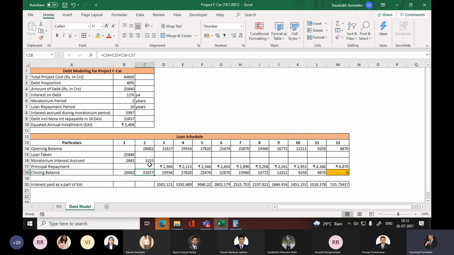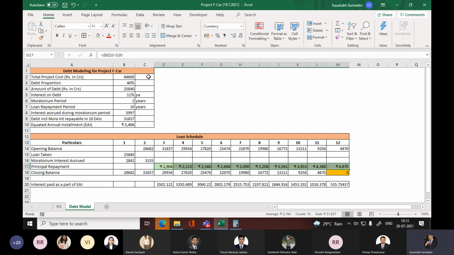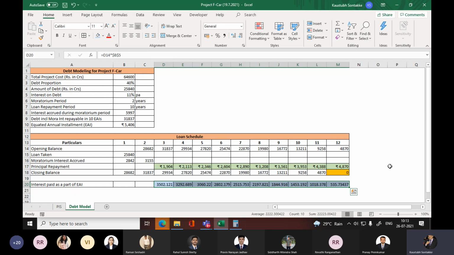So how have we paid? You can see here the principal amount which I just made green, and the interest amount which I made blue.